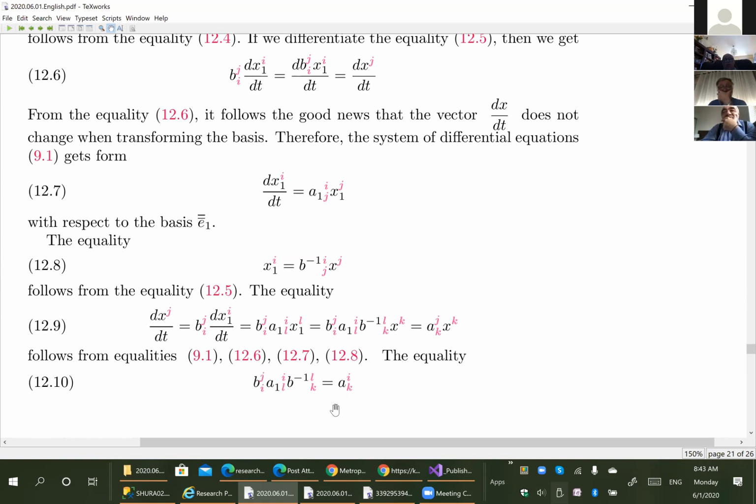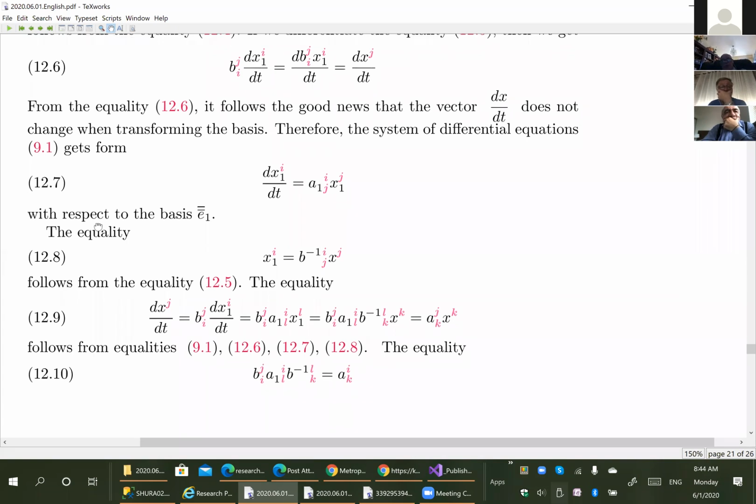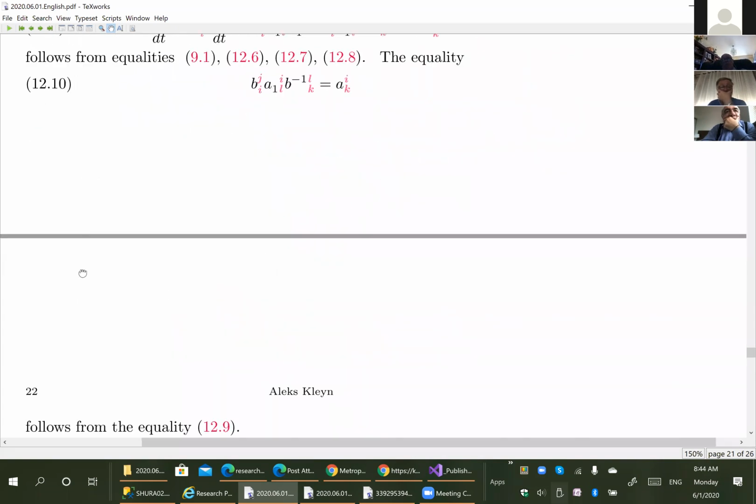But in the non-commutative case, it may make some changes in the basis. And the question is how it will reflect on the solution itself. So I need to understand how much the solution depends on the choice of the basis. This is the main subject.